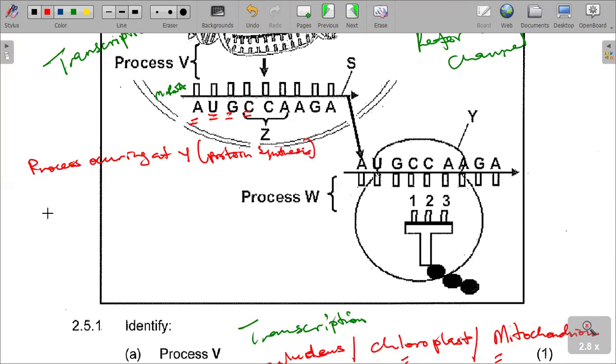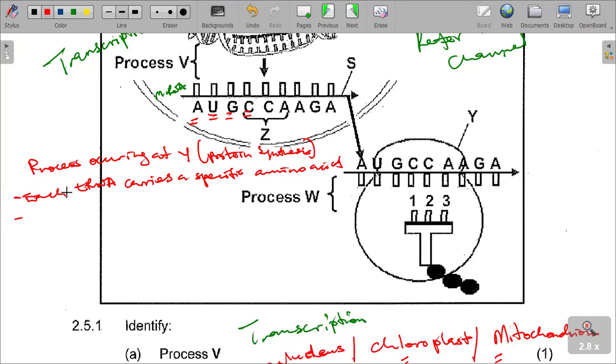So here we are saying each tRNA carries a specific amino acid.